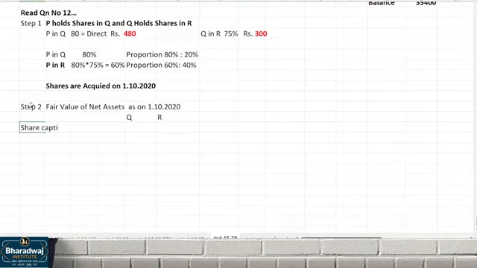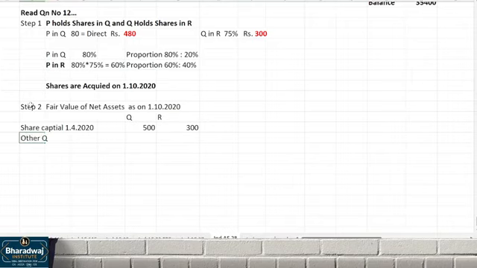Share capital at the beginning of the year, 1/4/2020, for Q and R, see how much is there. What is the share capital at the beginning of the year? If nothing is given, opening balance is equal to closing balance. 500 and what? 300. Then what is the next one?